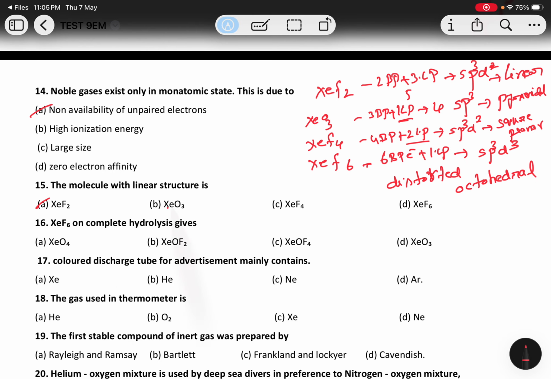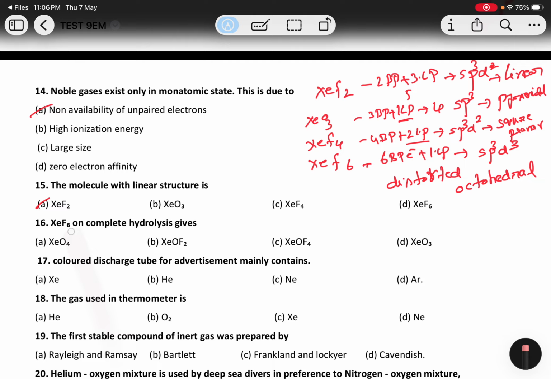If you study all 4 options, you will learn more of the subject. Don't stop at XeF2; learn the structure of B, C, D too. If you learn the subject like this, it will be very useful and you will get more marks in competitive or any other exams.